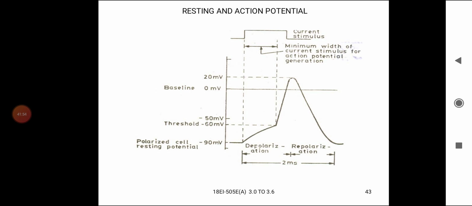When depolarization starts, the waveform is somewhat linear up to the threshold voltage. The threshold voltage is minus 60 millivolts. Then repolarization begins.